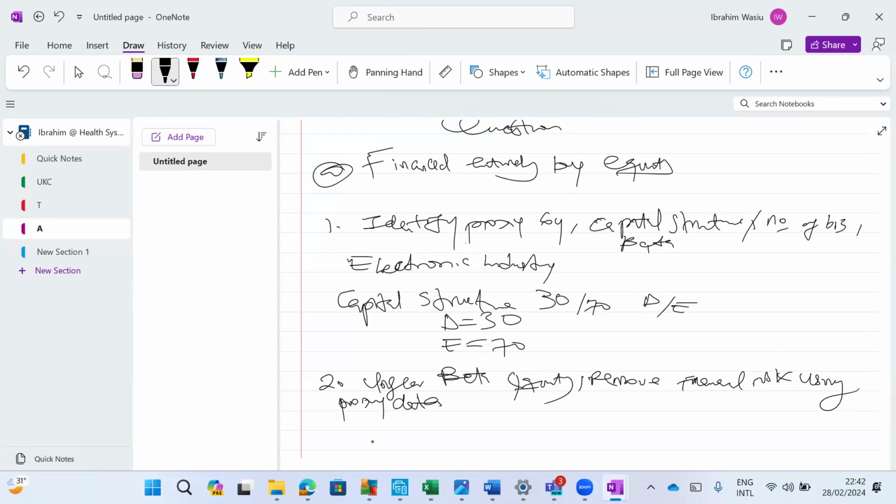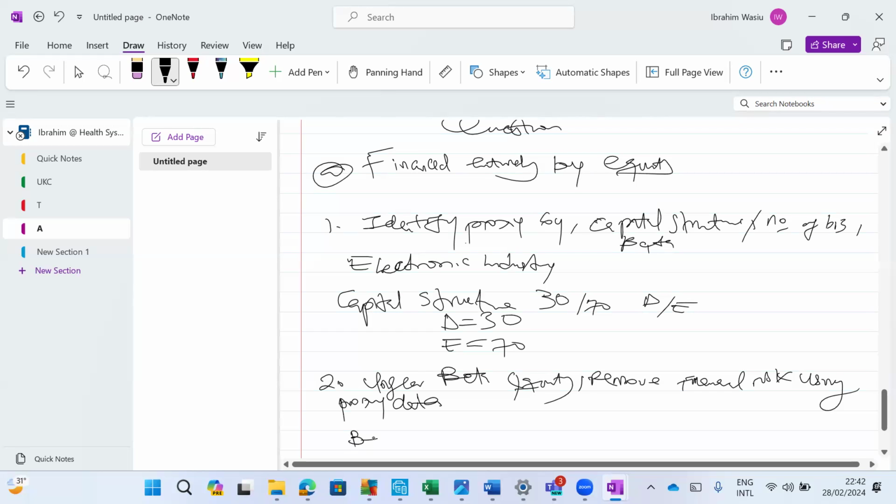Okay, so that means you want to calculate beta asset of the electronics industry.